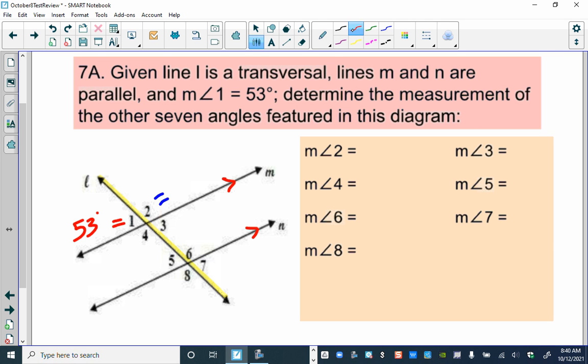Angle 3 and angle 1 is 53. Angle 1 and angle 2, they add up to 180. So that's the reason here.